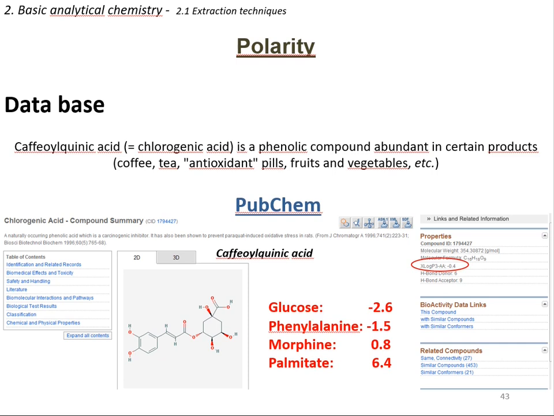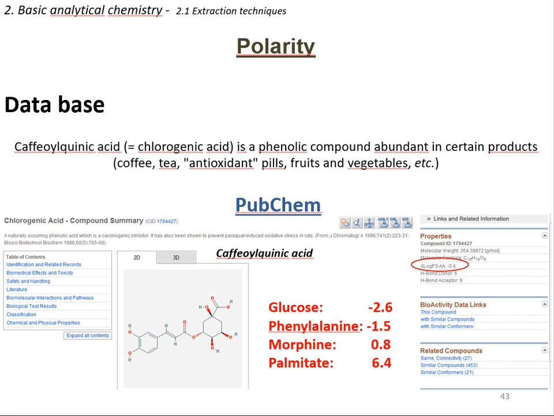And you can compare its polarity, which is -0.4, with the polarity of known compounds, like glucose, which is polyalcohol. So it's very polar, and it has a coefficient of -2.6. Phenylalanine, an amino acid, aromatic, -1.5. Morphine is an alkaloid with much fewer polar functions. It's 0.8.